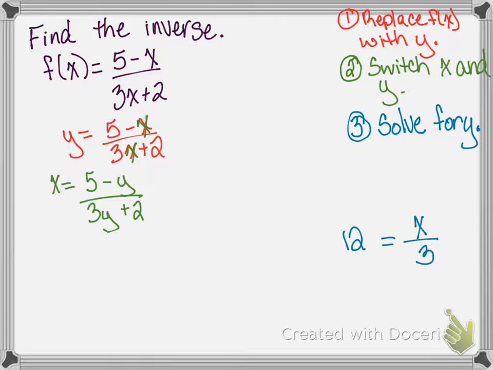Division. How do I undo division? Multiplication. So what would I do to solve this equation, 12 equals x over 3? Multiply both sides by 3. That's exactly what I would do. What happens to the 3's on the right-hand side? They cancel. And what am I left with over there? X.